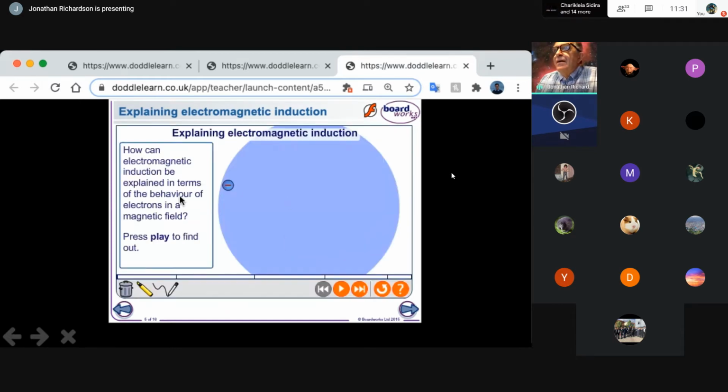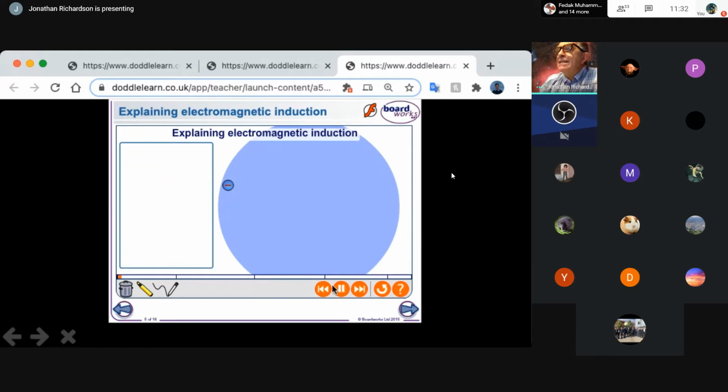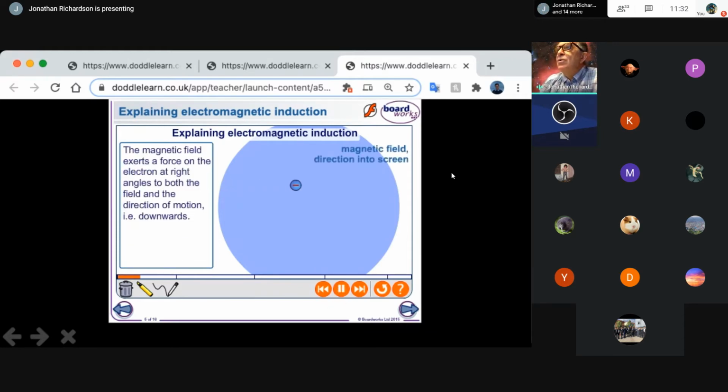So now what I can do is, if I imagine this electron is going to move across the screen just here, the magnetic field is actually going into the screen. So this blue ring here is a circular area with the magnetic field going into that screen. So let's press play and see now what happens.